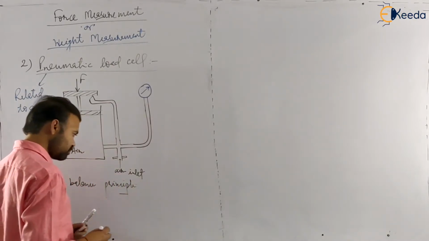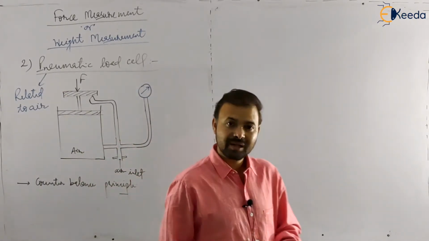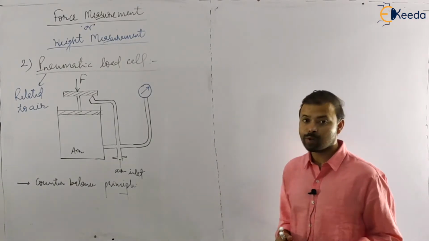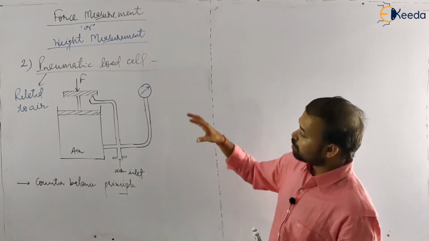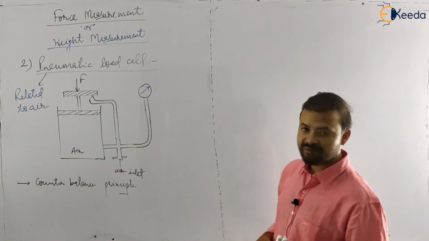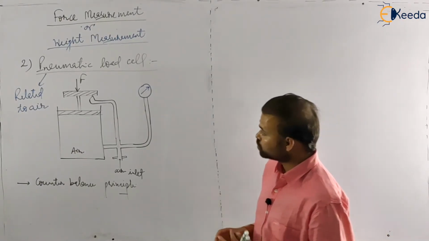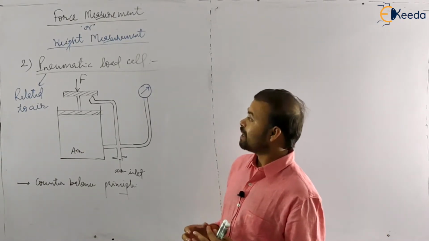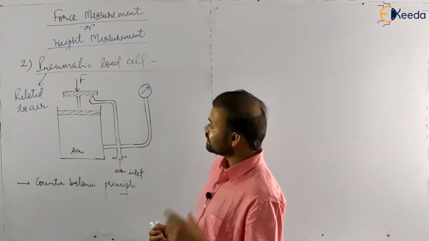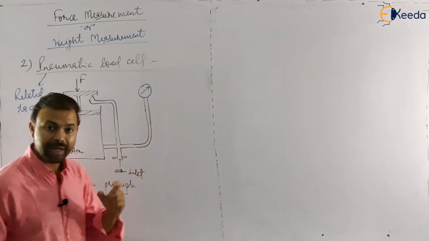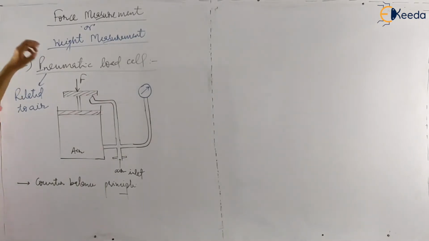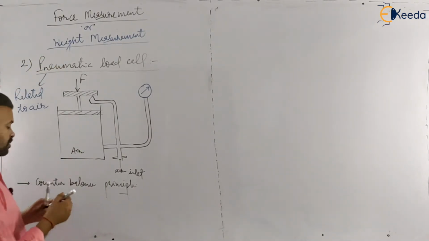Okay. Now, before going further into the operation of the pneumatic load cell, let us understand the schematic diagram and different components used in the making of the pneumatic load cell. As in the case of the hydraulic load cell, there was a diaphragm.